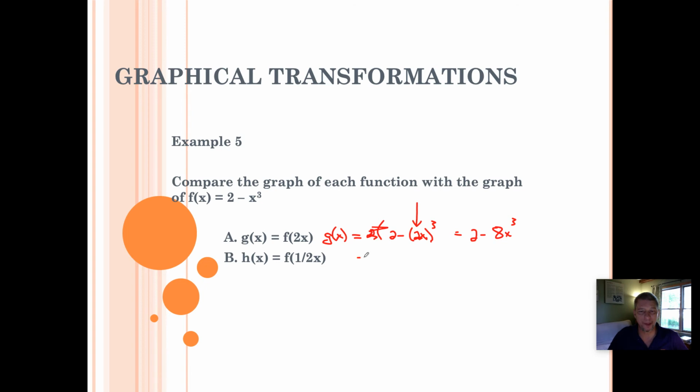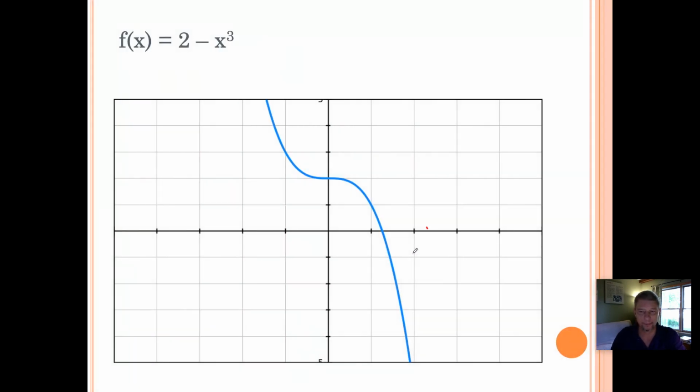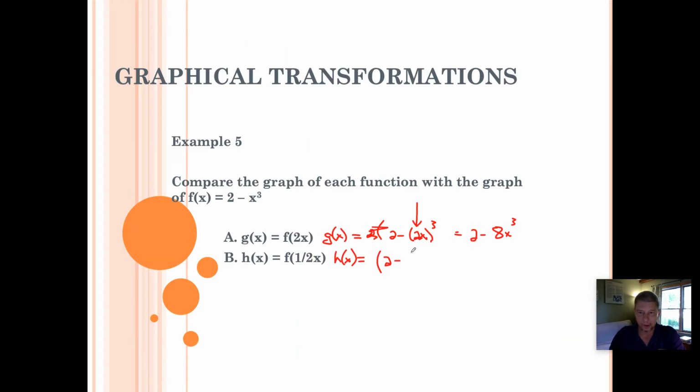Now, if I do the same thing here, h of x is going to equal 2 minus 1/2 x quantity cubed, and that's going to give me 2 minus 1/8 x cubed. Now that, because the value of c is less than 1, is going to give me a horizontal stretch.